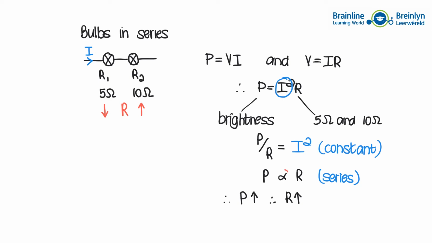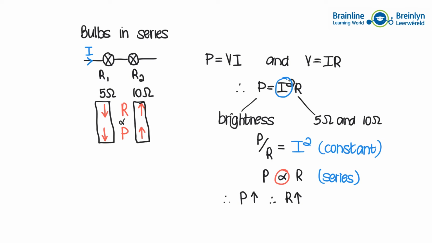From the direct proportionality, we can therefore deduce that the power for resistor 1 is less and the power for resistor 2 is more, because remember, we are relating those two to each other, and we know that there is a direct proportion relationship. The same is going to happen on this side.